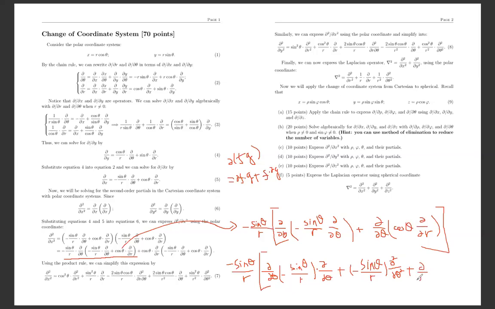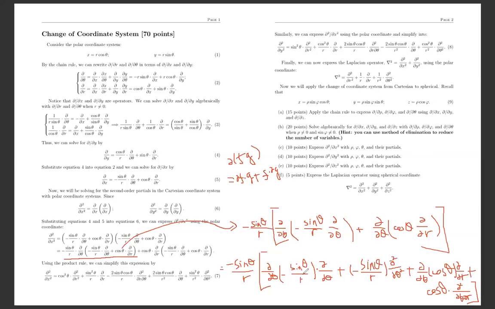So partial theta of cosine theta times partial r, plus cosine theta times the second order partial theta partial r. Okay, so far so good.